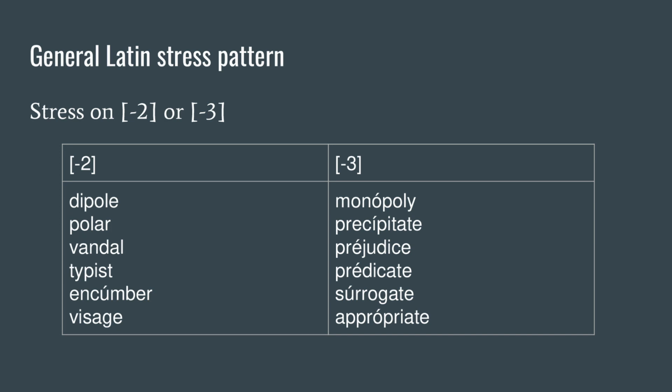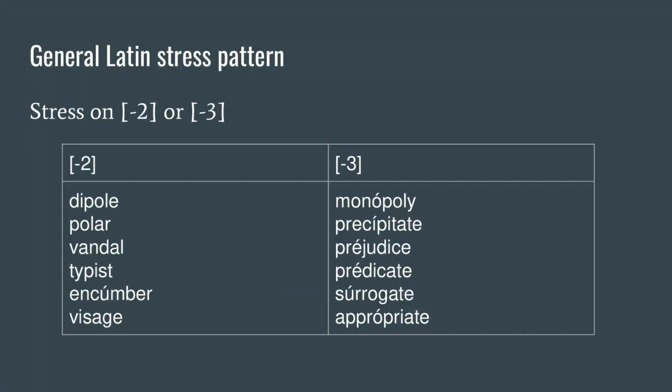It can be on the -2 syllable, particularly if that -2 is a long vowel or a heavier syllable. Let me explain that in a minute. So words like dipole, polar, vandal, typist, encumber, visage, -2 stress. Not always, but especially if it's a long vowel. Otherwise, you're going to have stress on the -3: monopoly, precipitate, prejudice, predicate, surrogate, appropriate. -2 or -3.